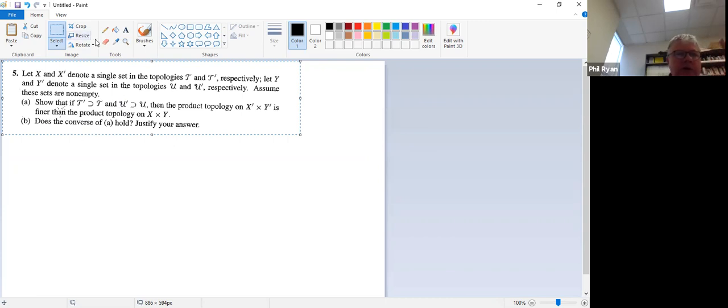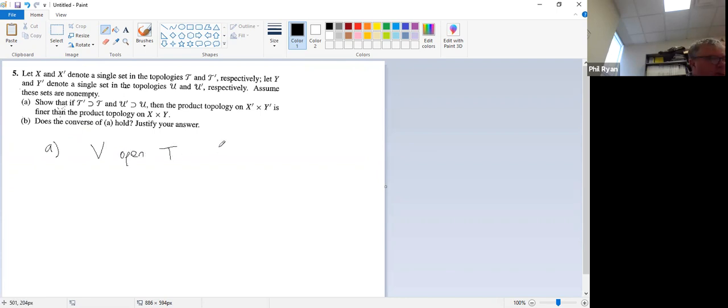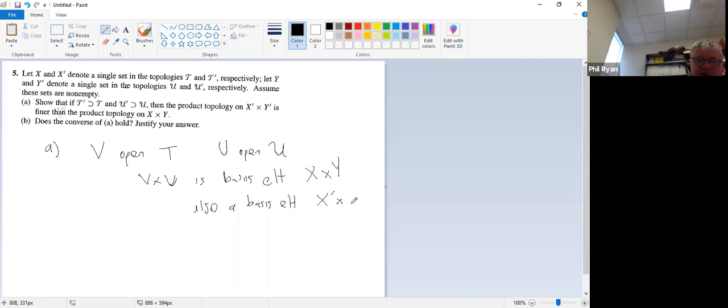So if we've got, let's do A first. So if we've got V, an open set in T, and U, an open set in the topology for U, then V cross U is a basis element for X cross Y. But since T is in T prime and U is in U prime, this is also a basis element in X prime cross Y prime.